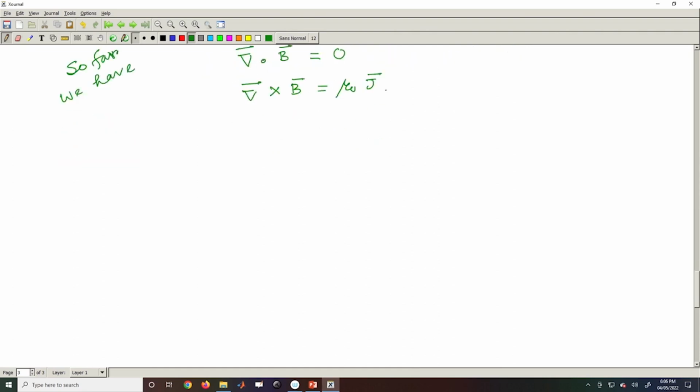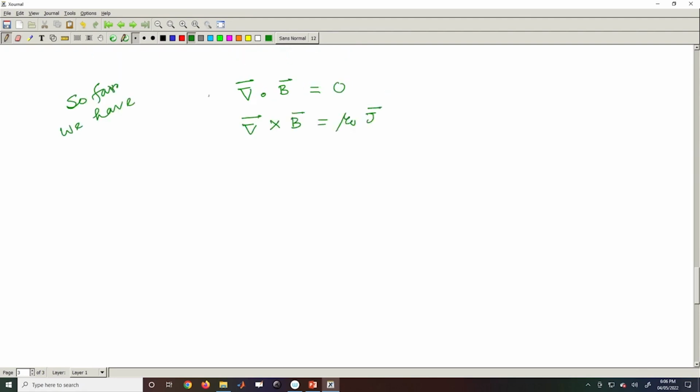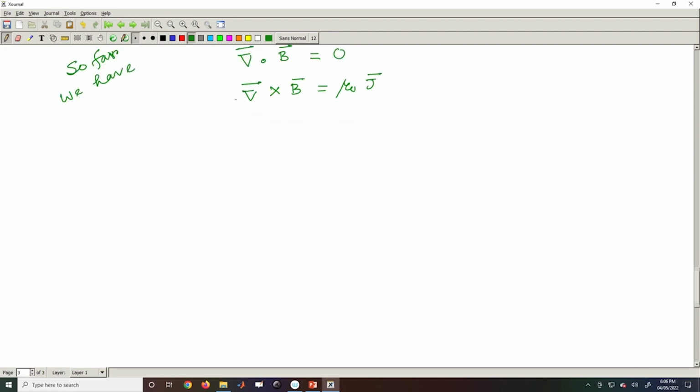Now, let us look carefully at these two very important equations.